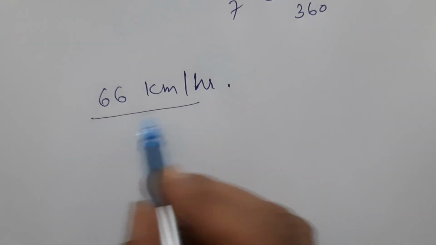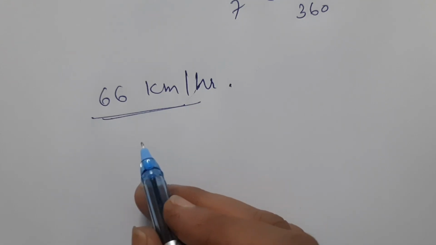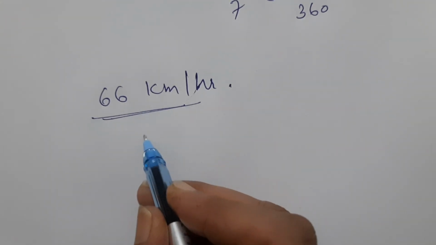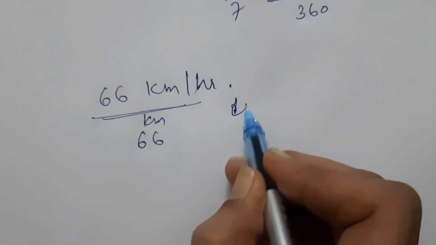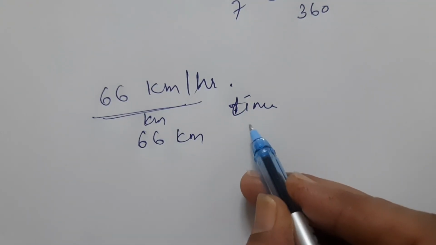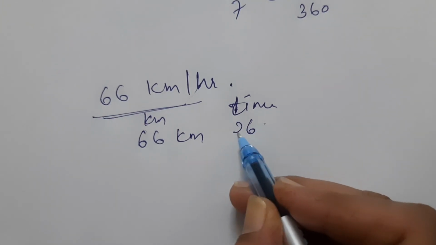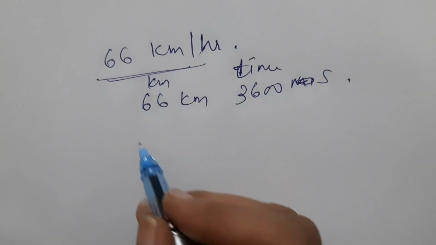So how we are going to find out? First we'll convert this 66 km into meter per second. So here distance is 66 km, time is given 1 hour, that is 3600 seconds.